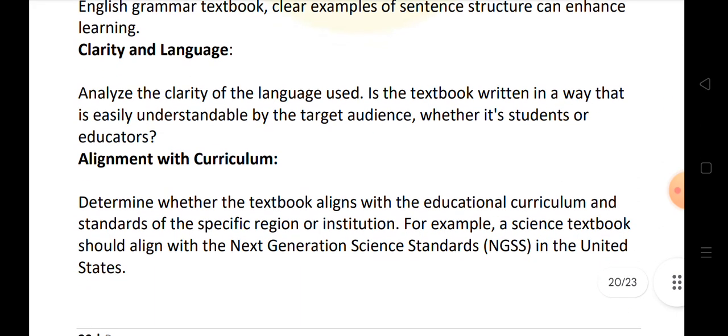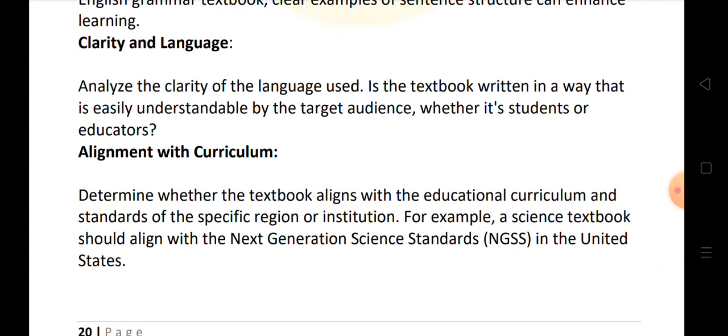Then clarity and language. There might be certain textbooks with good content, but the language is very tough for the understanding level of students in primary or secondary classes. So we need to check the language of the book.